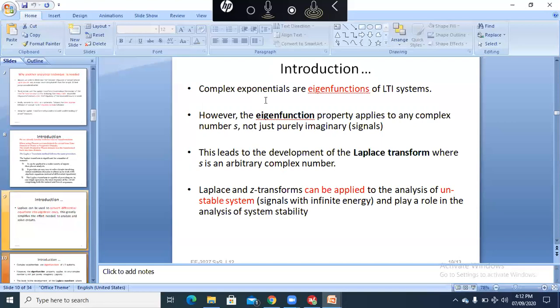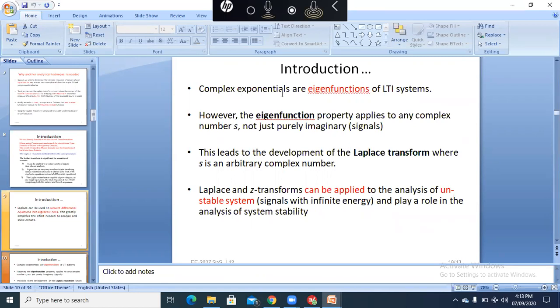In the phasor domain, we learned that we can replace sinusoidal signals with complex exponentials.